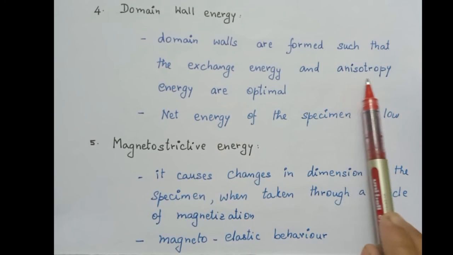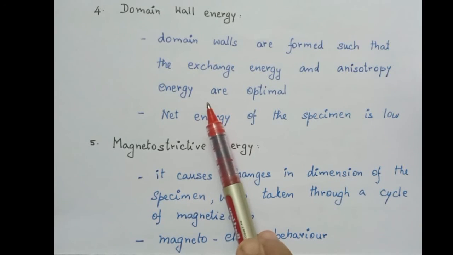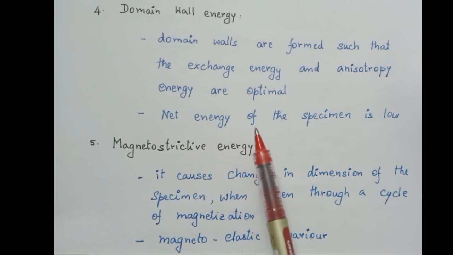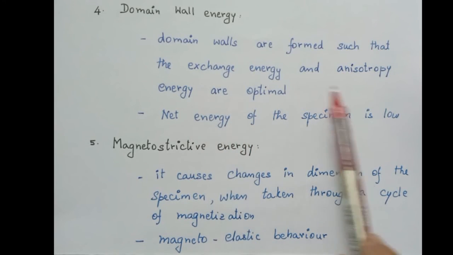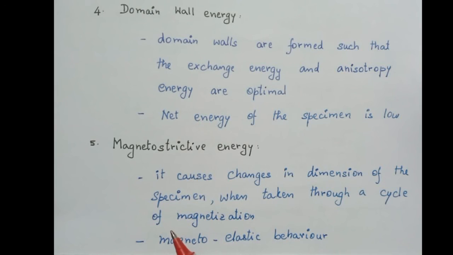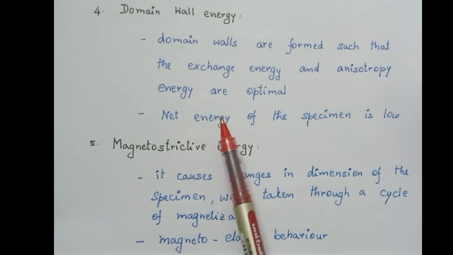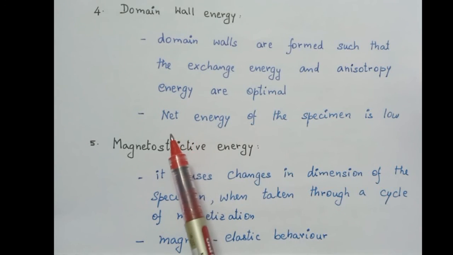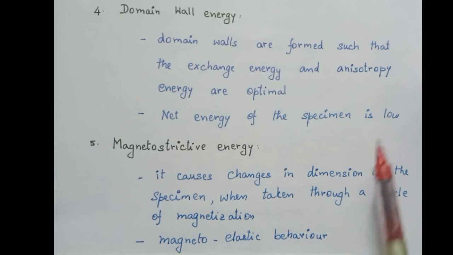Whereas anisotropy energy is minimum if there is an abrupt change, that is the domain walls are thin. The size of the domain walls are such that an optimal value of exchange energy and anisotropy energy is achieved. And also another factor in the formation of domains is that the net energy is kept low.